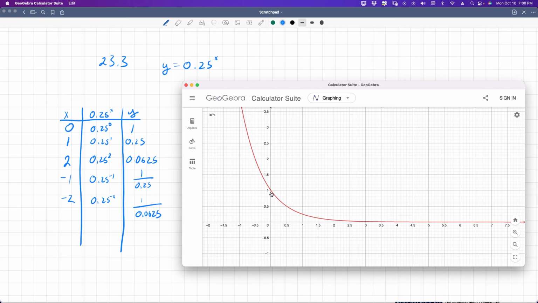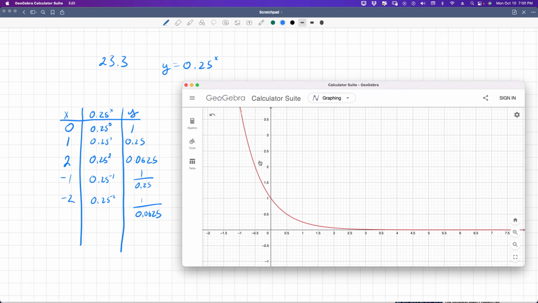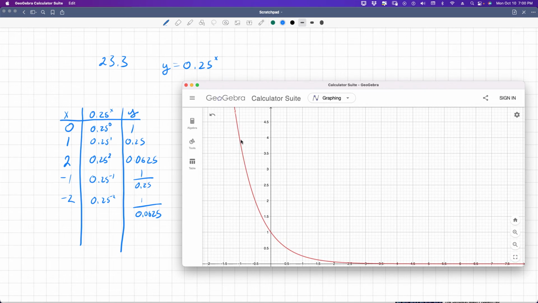And our next point would be at the 1, 1, and oh, that's -1, sorry.